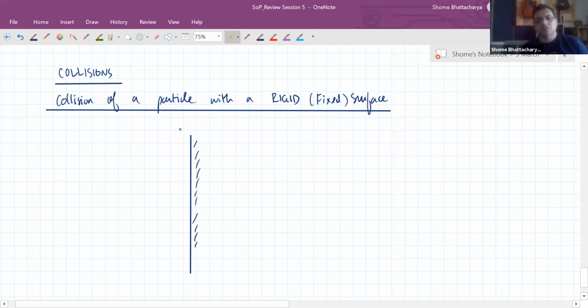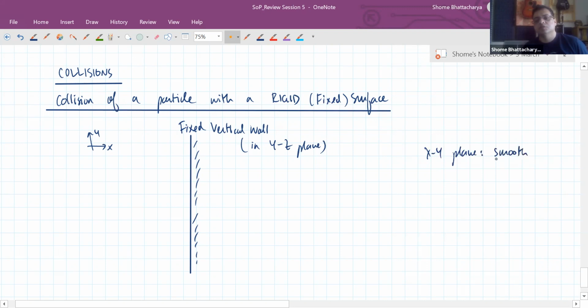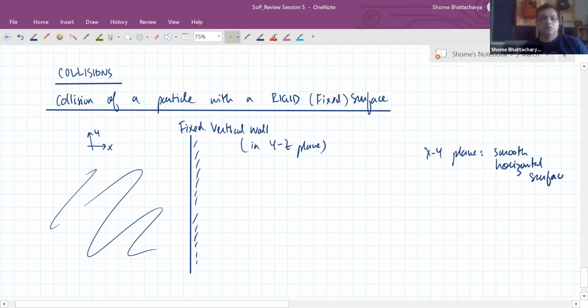So if this is a rigid surface, like a fixed vertical wall in the YZ plane, and the XY plane is a smooth horizontal surface.